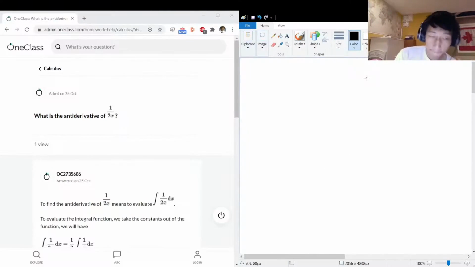Okay. So, the next question that we got today is, what is the antiderivative of 1 over 2x? Antiderivative is a nice fancy way of saying integral.